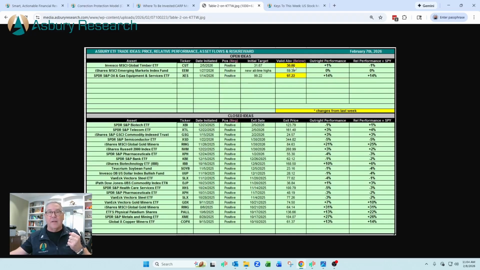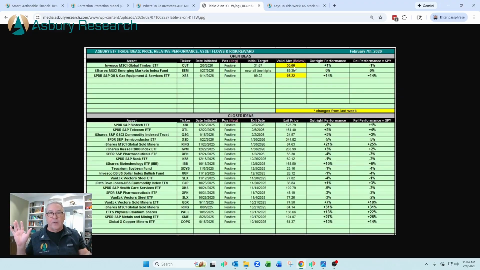These are not hard stops. They're not meant to be used as hard stops. They're meant to tell me that the validity of the trade is now suspect. And I keep an eye on that. You should be doing the same thing.